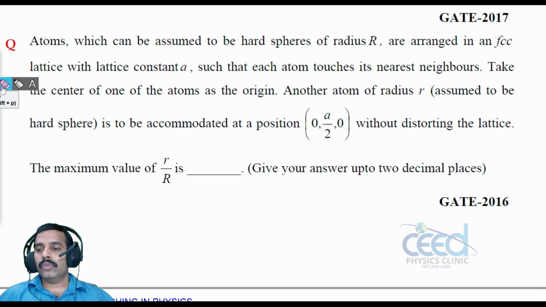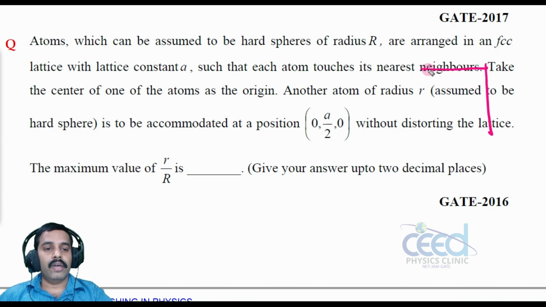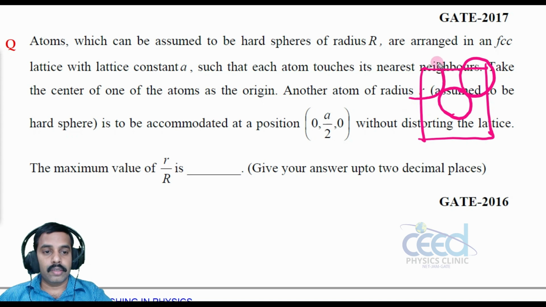So we are speaking about this FCC structure, right? When I'm looking at one face of the FCC, what is the arrangement? At the center we have one atom, and at the corners we have atoms.